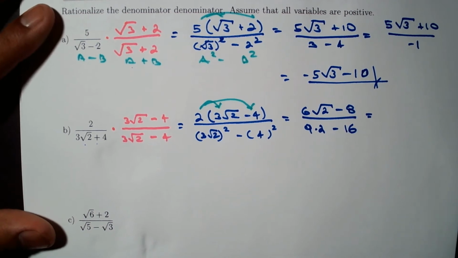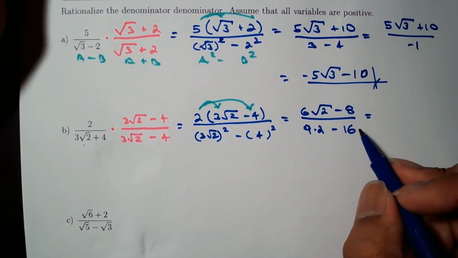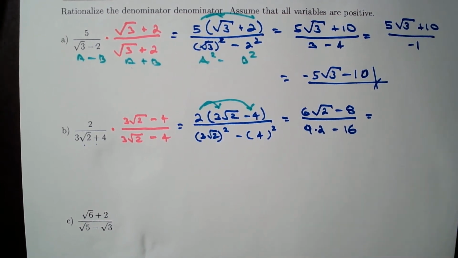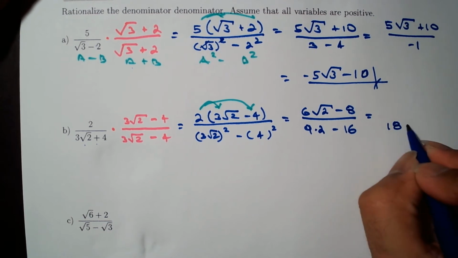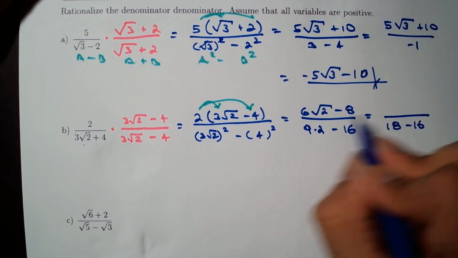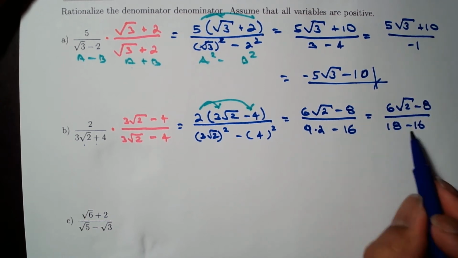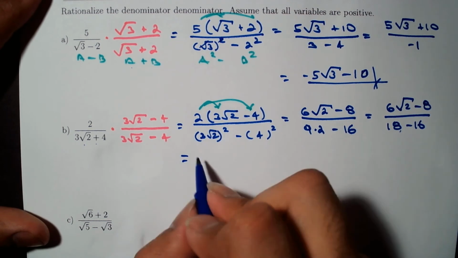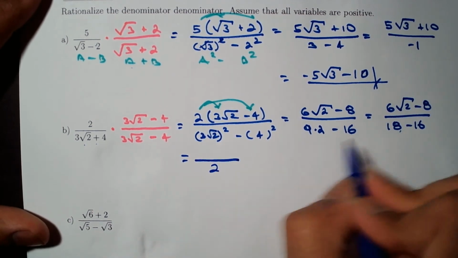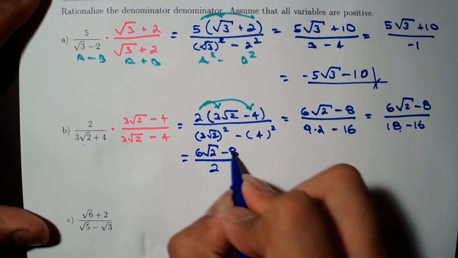So let's keep simplifying: 9 times 2 is 18, minus 16, and 6 square root of 2 minus 8. 18 minus 16, what is that going to give us? That's 2 in the denominator.